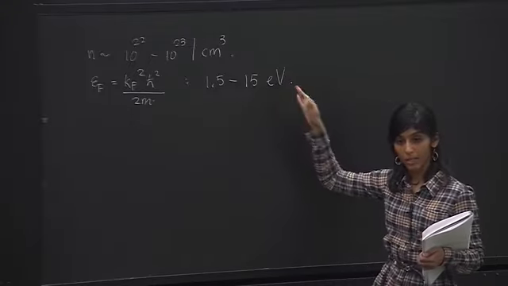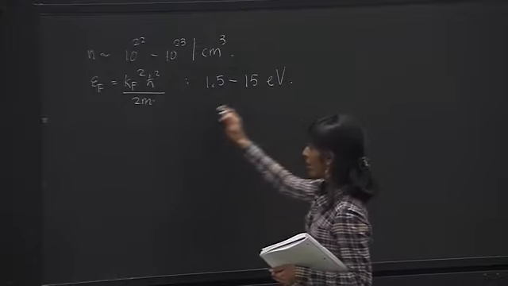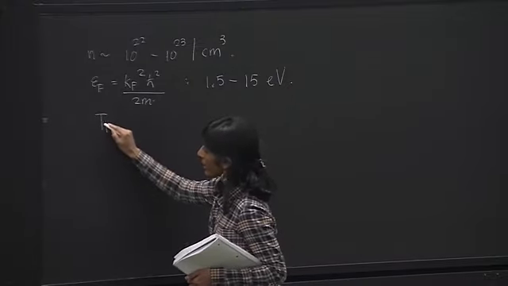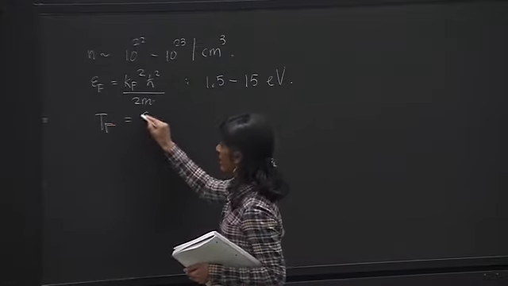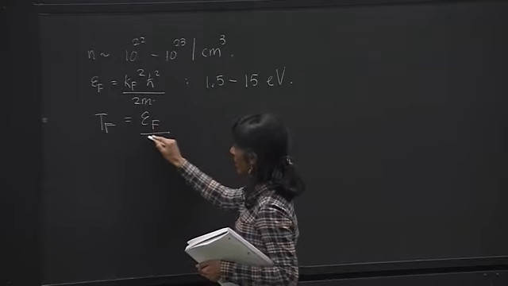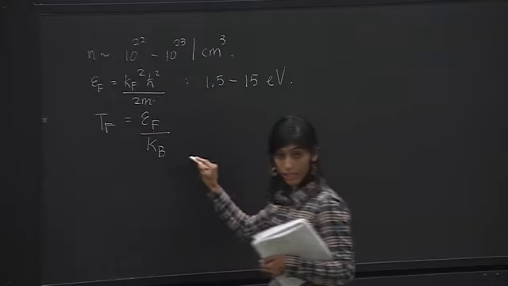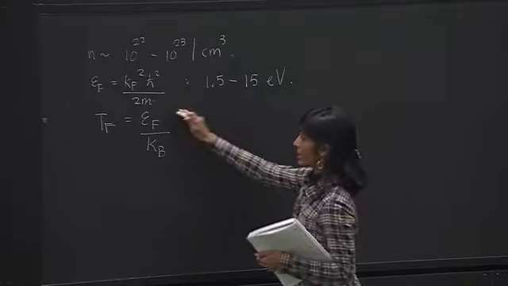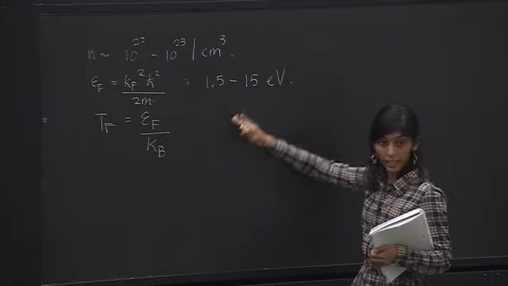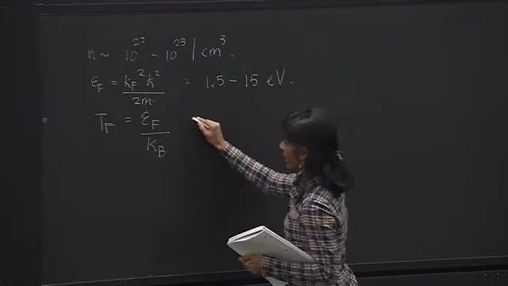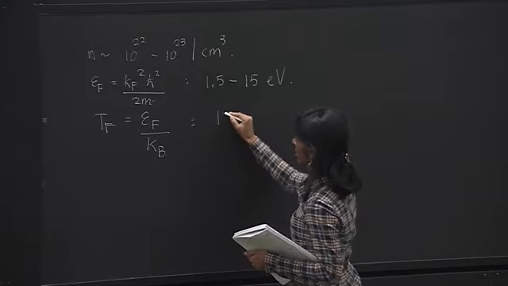To put this in maybe a more familiar energy scale, you can define a Fermi temperature, which is the Fermi energy divided by the Boltzmann constant. And this converts this energy scale to Kelvin. And then you find out that this is something like 10,000 Kelvin.